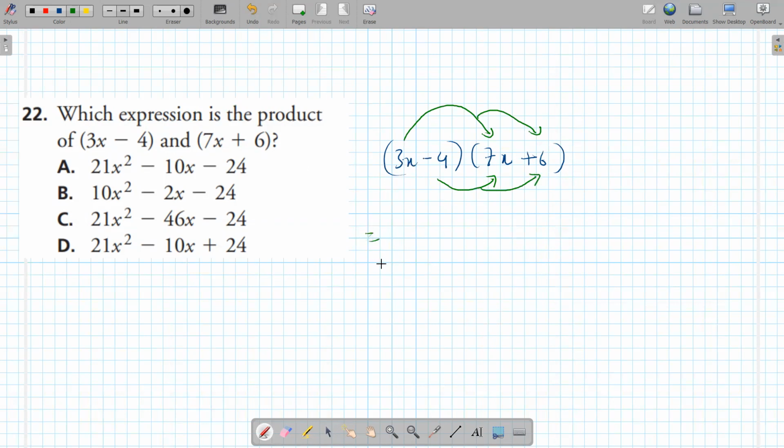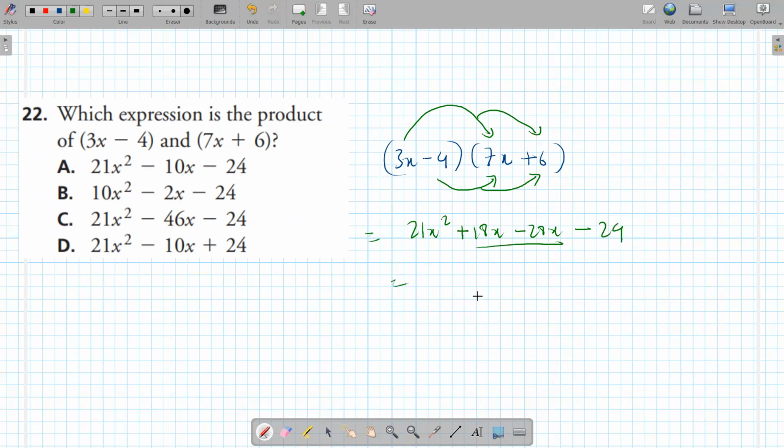What's the first term? 21x squared. What's the next term? 18x. What's the next term? Negative 28x. No x squared, just negative 28x, because we're doing negative 4 with 7x. And then lastly, you'd get minus 24.